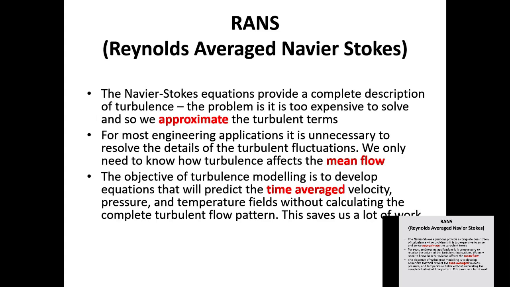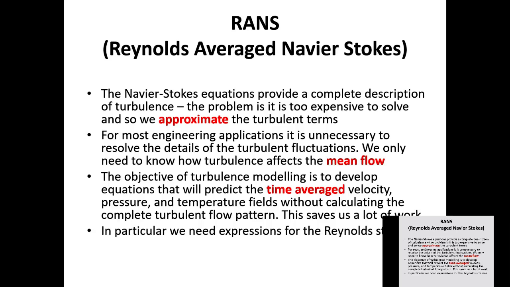Because the flow is transient, you have fluctuating velocities all the time, but you still have an average velocity. So what you need is a time averaged velocity, and RANS gives you a time averaged velocity field. When it does that, it saves a lot of work, a lot of time, and a lot of computational power as well.